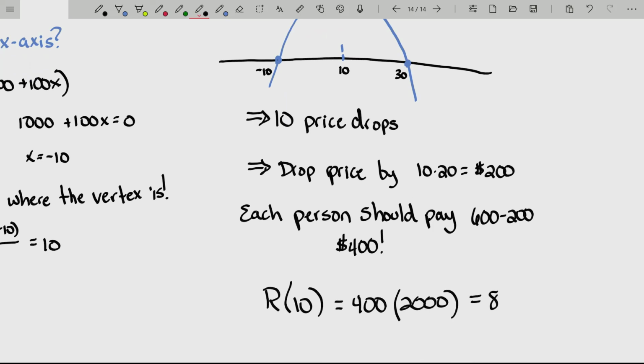That's $800,000, compared to your $600,000. You're making more money, even though you're charging less. It's because you have more people showing up.